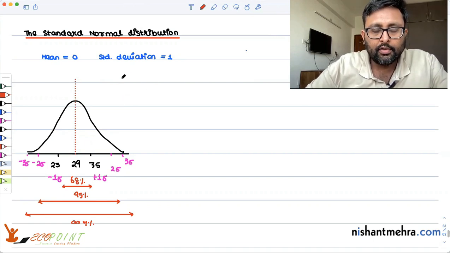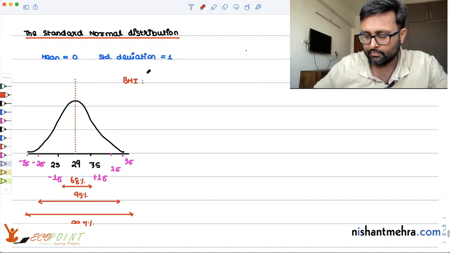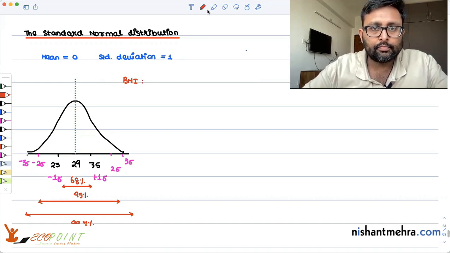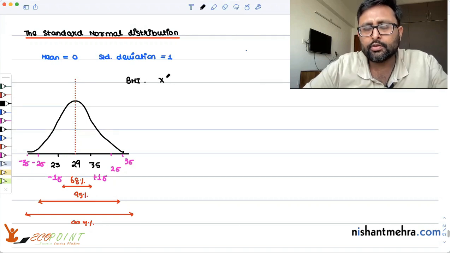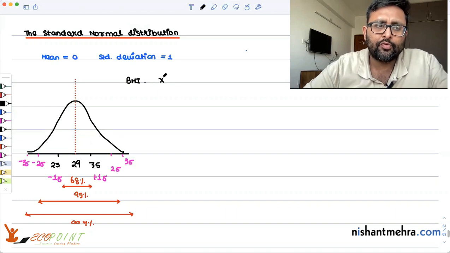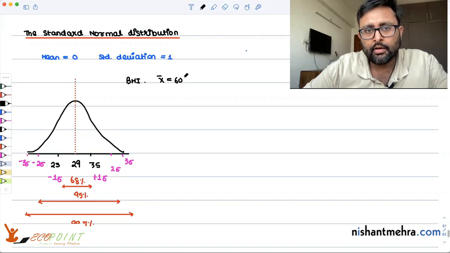Guys, you remember now the example which we took? So if you remember, the example which we took was that BMI has, so it was a population of the people 60 years and above, and it has a mean of 29.